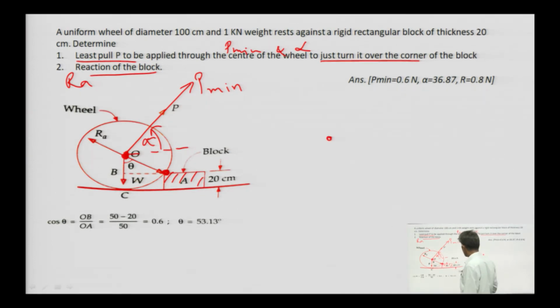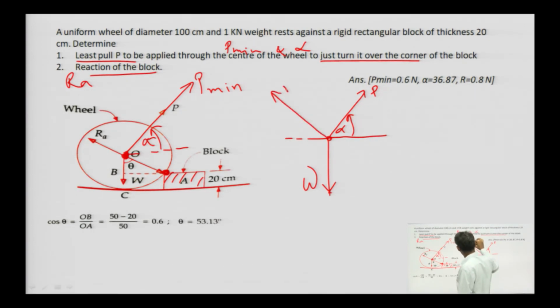We will get, first of all, weight W of the block, okay, and another force P, of course this P, alpha angle that we need to calculate, and reaction R A. That will be the free body diagram.